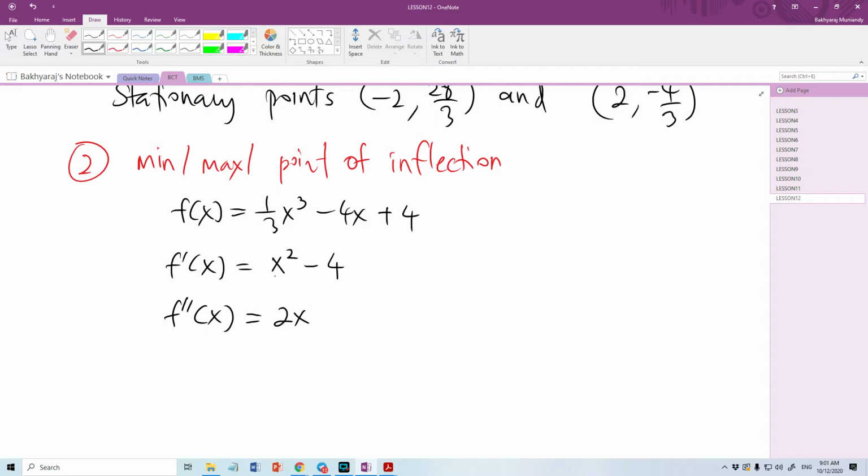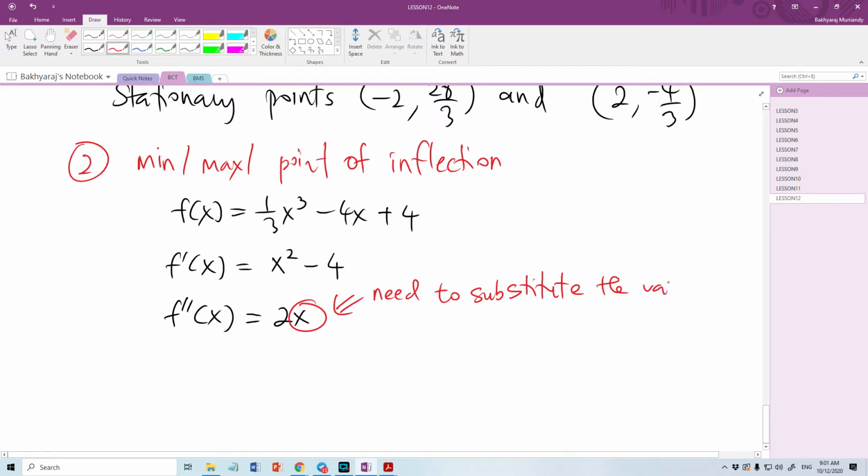When you get a function, then you need to do substitution. Substitute maksudnya you kena masuk value dia. You need to substitute the value of x. Ini beza dia yang dengan yang ini dah.